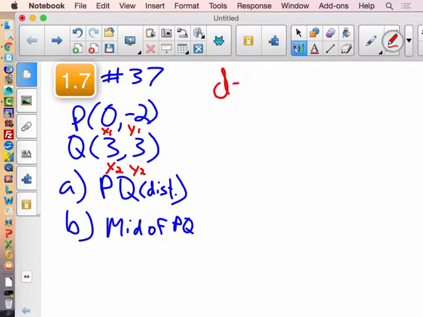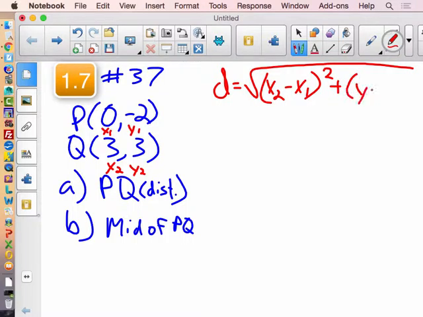So the distance is just a formula. We're going to say x sub 2 minus x sub 1 squared plus y sub 2 minus y sub 1 squared. And then we just plug it in.